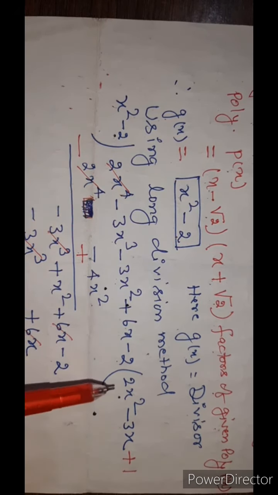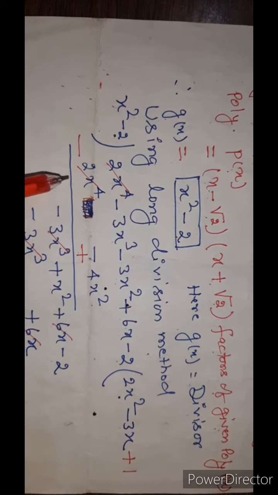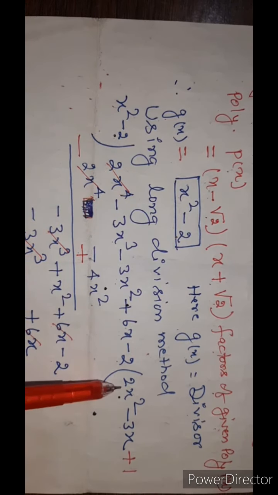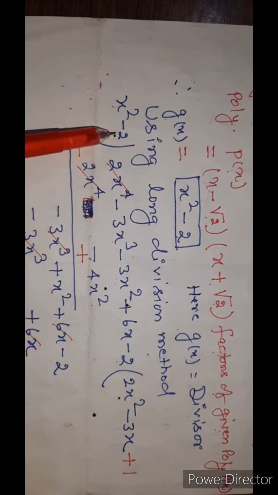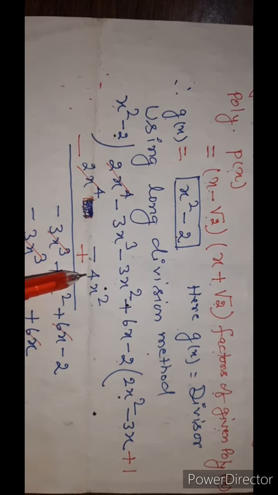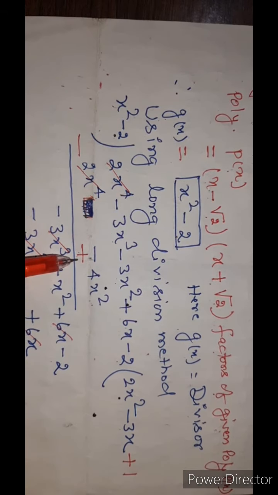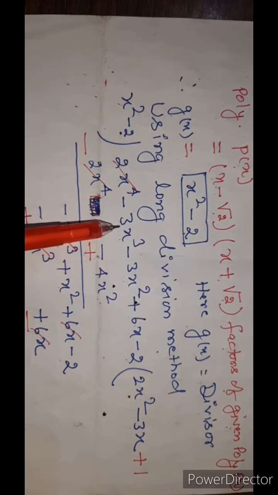Look at here, when we multiply x square by 2x square, then the result will be 2x power 4. When again 2x square is multiplied into minus 2, then it will be minus 4x square. After changing sign in both, here will be minus, here will be plus. These two will be cancelled. Bring these numbers.